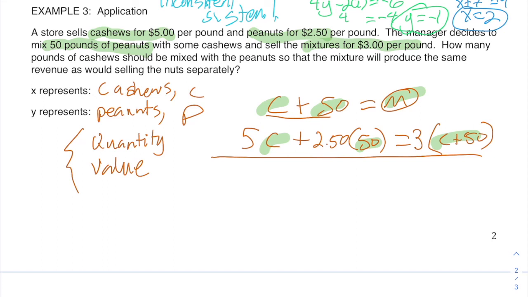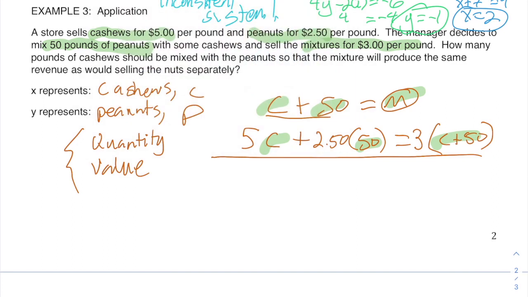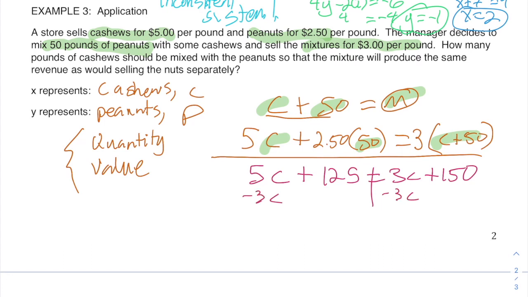and then figure out how much the mixture is total. So let's go ahead and simplify this. So that's 5C plus 125 is equal to 3C plus 150. And now I'm going to solve for C. So subtract 3C, subtract 125 from both sides.